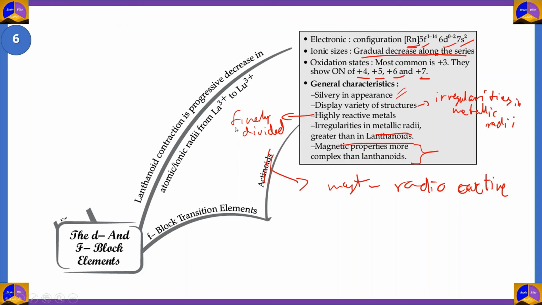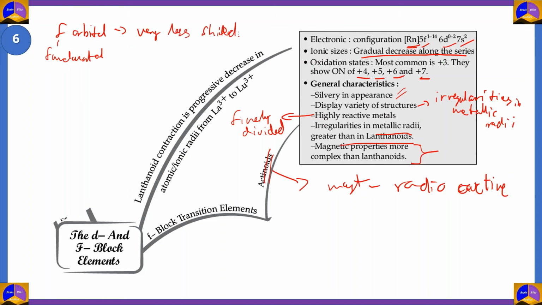Now let's look at what is lanthanoid contraction. So suppose we have an f orbital. The f orbital, which stands for fundamental, has very little shielding effect.